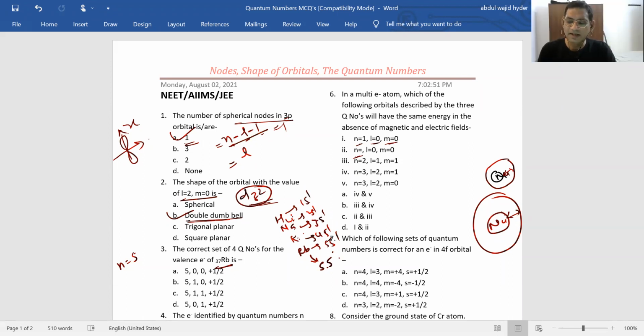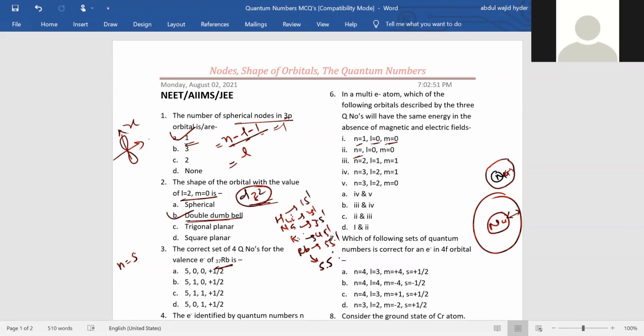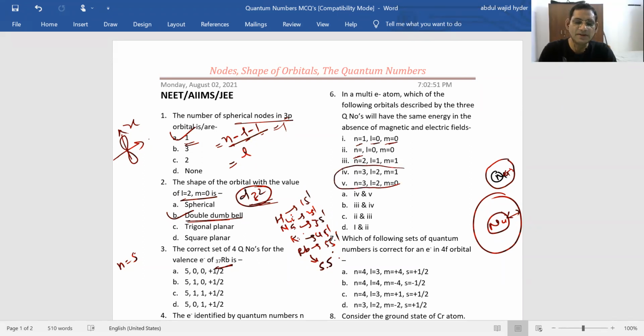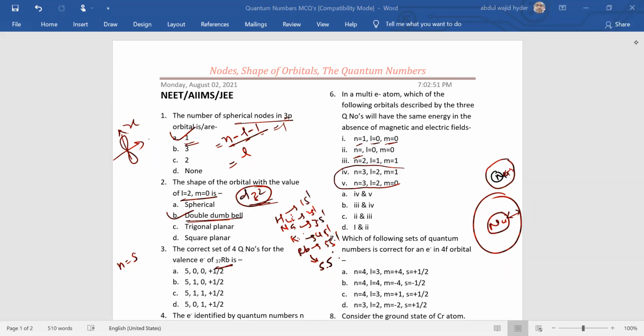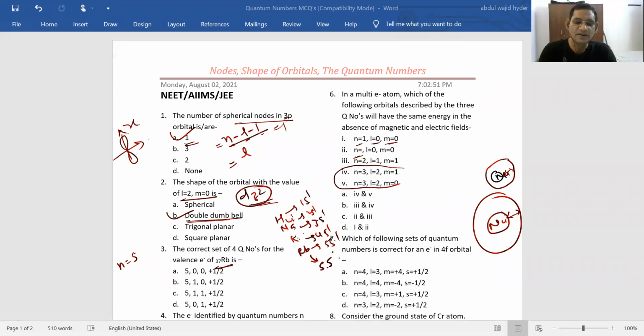Fine, which will be having same energy. See here, I think n must be equal to 1.